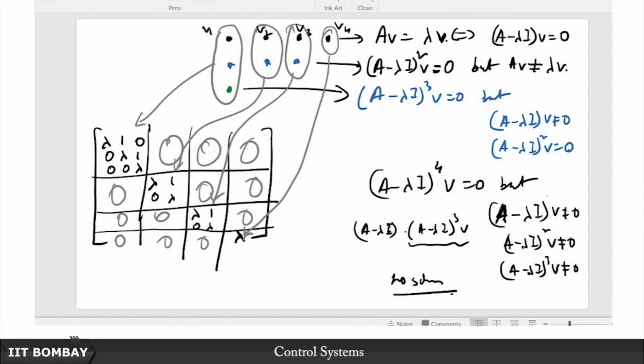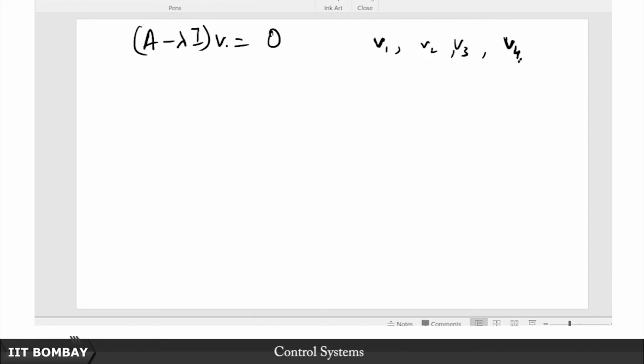What we are trying to generate is basically a chain. We do not know whether it will be generated by v1 or v2 or v3, this pattern is not necessarily followed. So v1 might have a chain of size 2, v2 might have a chain of size 3, we do not know. There is no way of knowing explicitly; only when we do the computation will we realize what the chain sizes will be.